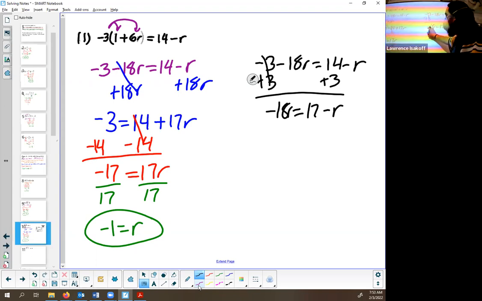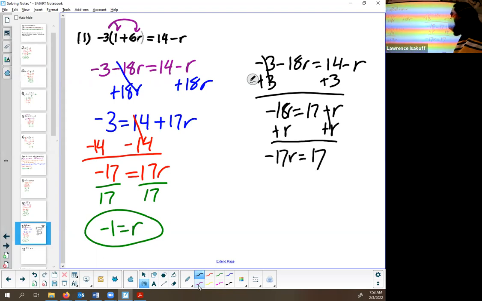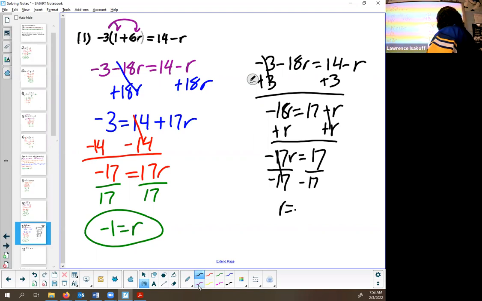It looks easiest to get my r's over here, so I could add an r to both sides, giving me -17r equals 17. Divide both sides by -17. And we still get r equals -1.